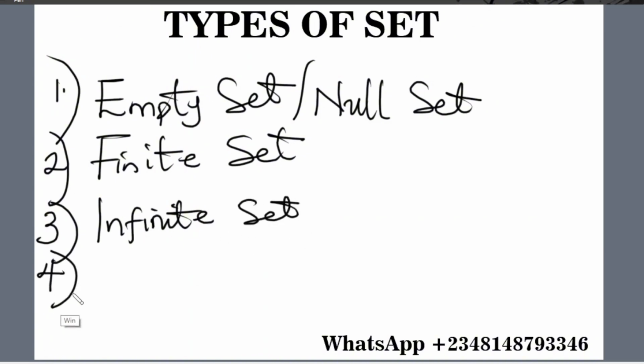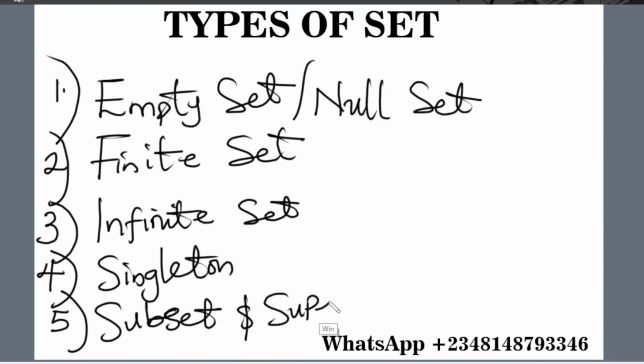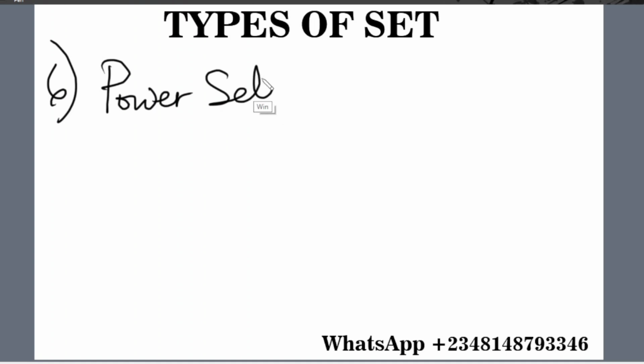Number four, we have the singleton. Number five, we have the subset and superset. And number six, we have the power set. So let's take them one after the other.